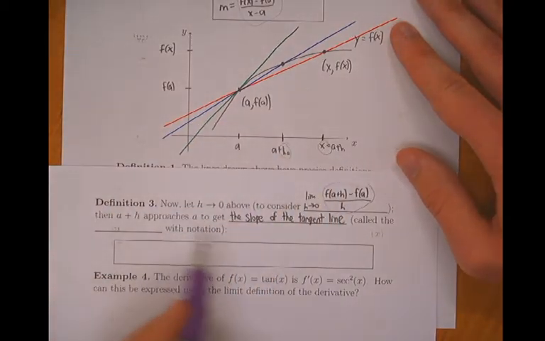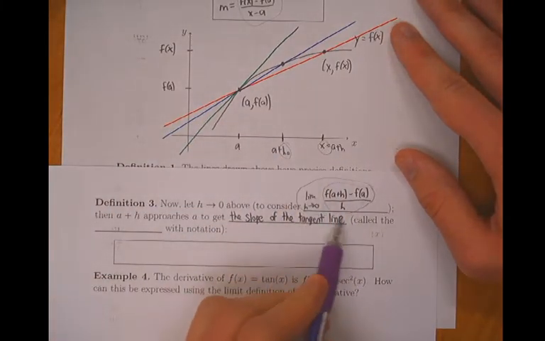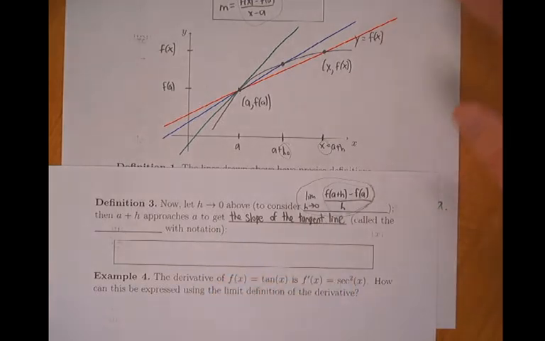Okay? So this whole limit of the difference quotient will give us the slope of the tangent line.